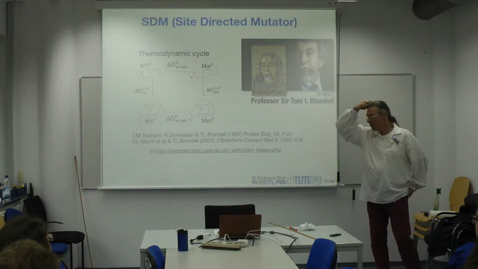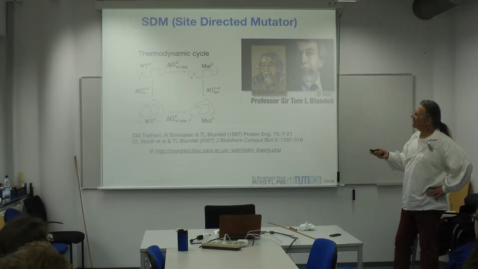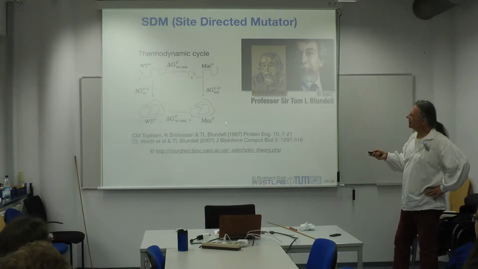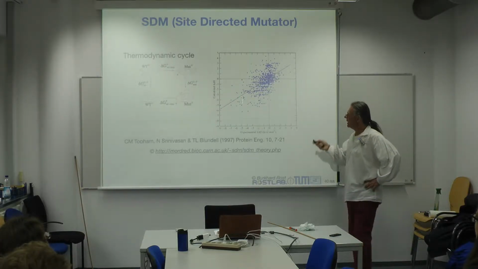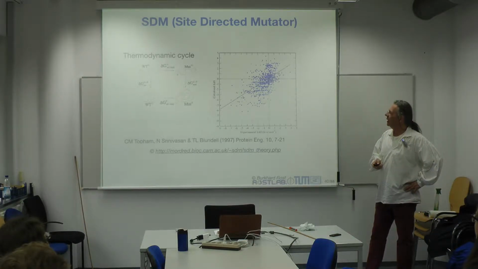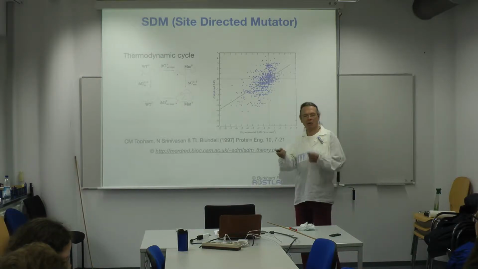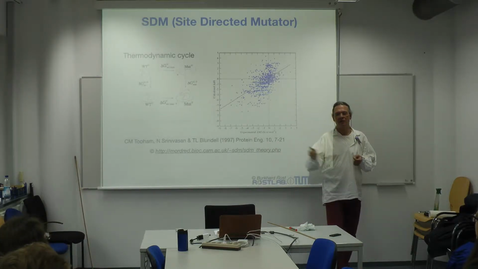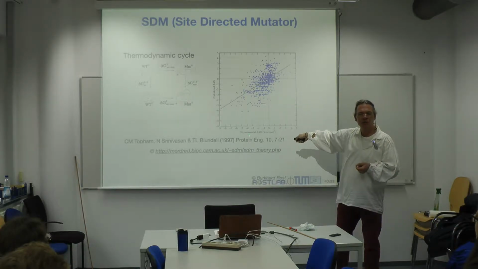The first one here is from the lab of Tom Blundell, and essentially the idea is to go from wild type to mutant through the thermodynamic cycle and to measure the effect, the delta delta G, versus the calculated delta delta G from energy models. That ultimately gives you one way to recapture the experimental data by an energy potential here.